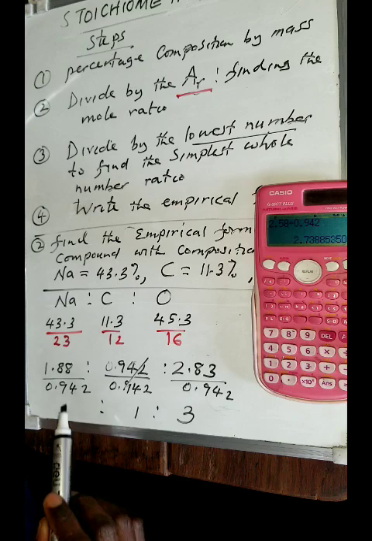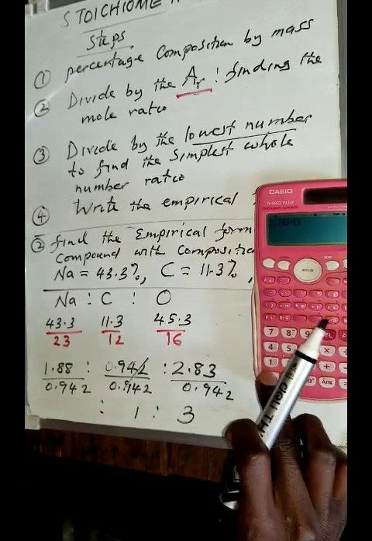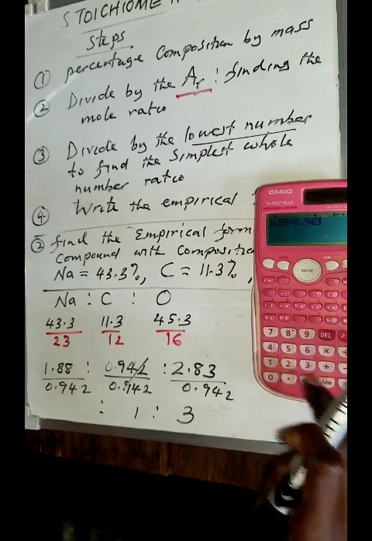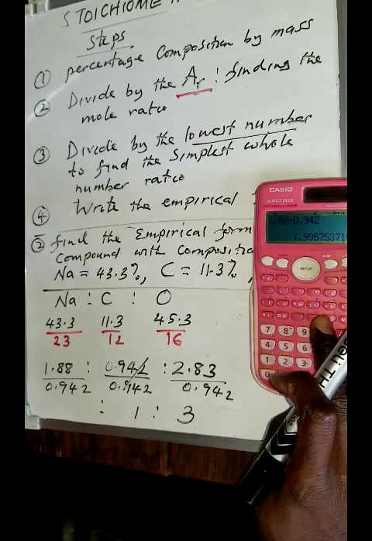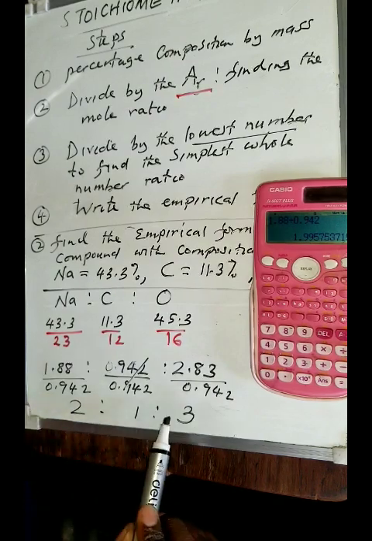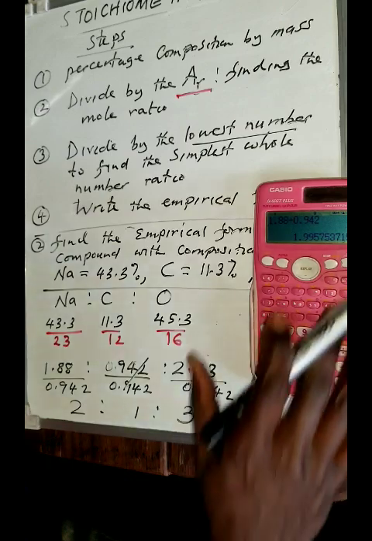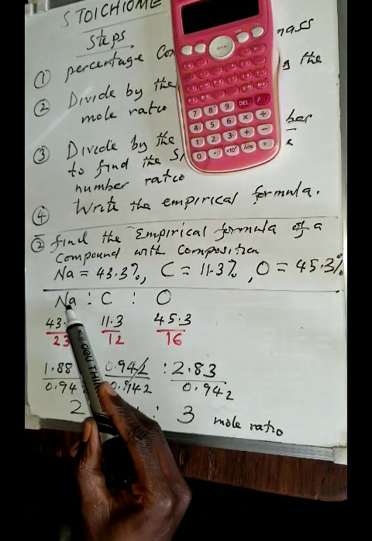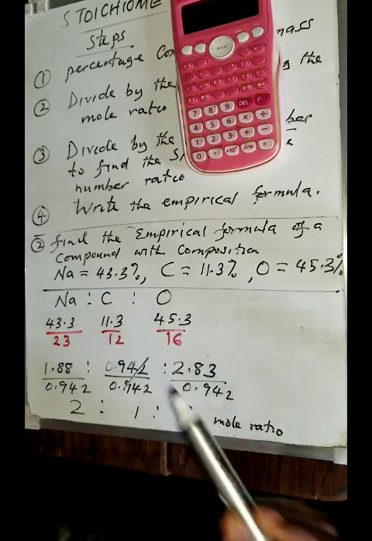That will give you a 3. And 1.88 divided by 0.942, you can round it off, and that is going to give you a 2. This is what we call the mole ratio. So that simply tells you there are 2 atoms of sodium, 1 atom of carbon, and 3 atoms of oxygen.